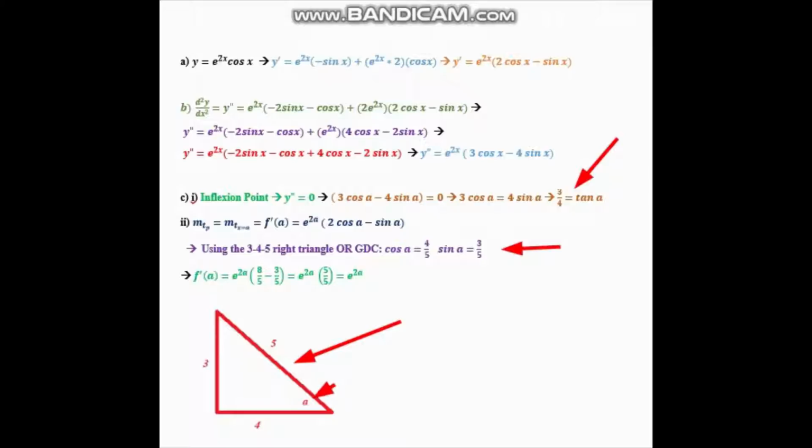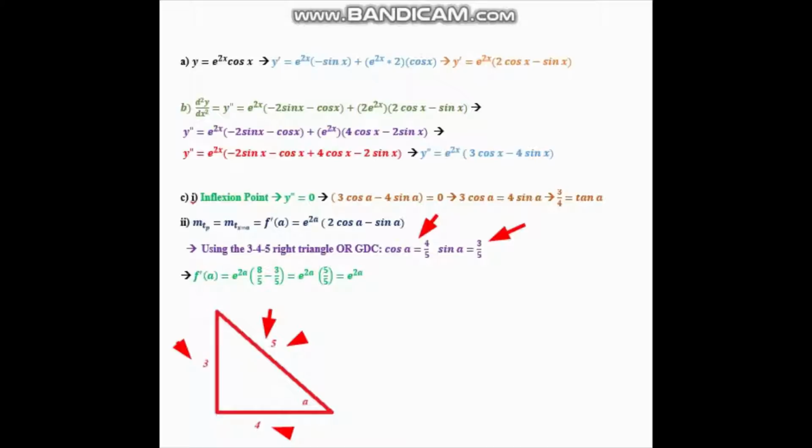So if this is angle A, the opposite side shall be 3 right there, and the adjacent side shall be 4, which I've done right there. Hence the hypotenuse is 5, so I can use SOH and CAH to find values of sine A and cosine A. So cosine A equals 4 over 5, adjacent over hypotenuse, and sine A equals 3 over 5, opposite over hypotenuse.